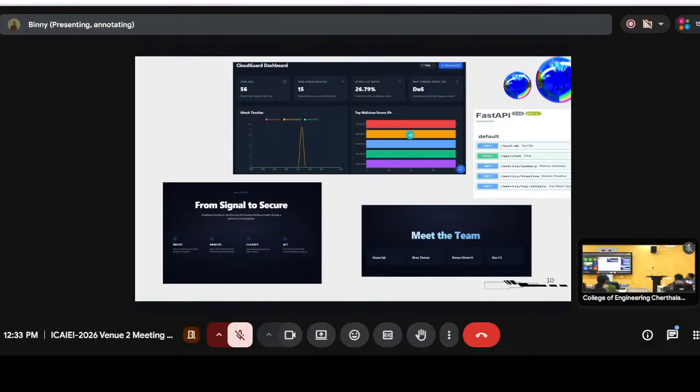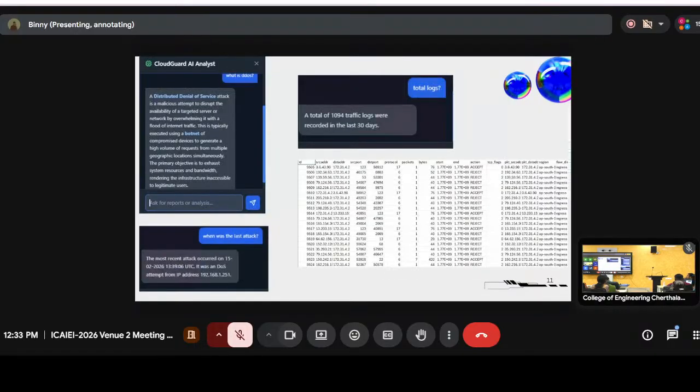We also have an NLP chatbot, so that the administrator can query what kind of attack is coming without manually checking the CSV data. The administrator can ask what the total logs that have come are, and our chatbot gives the answer by fetching the details from the database.